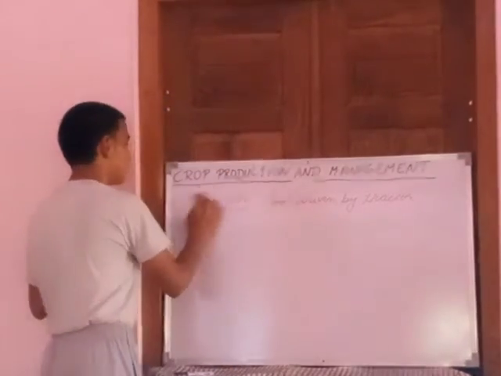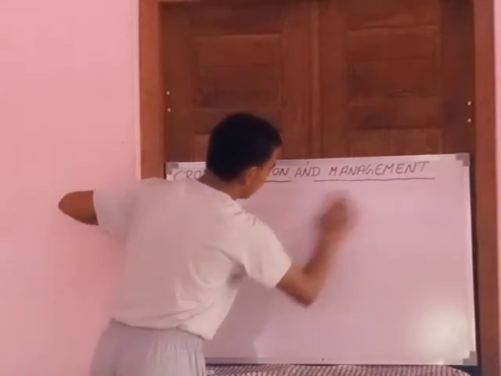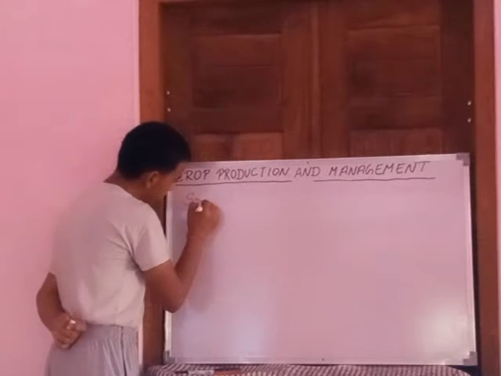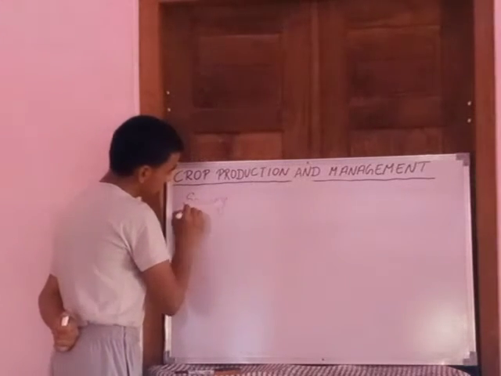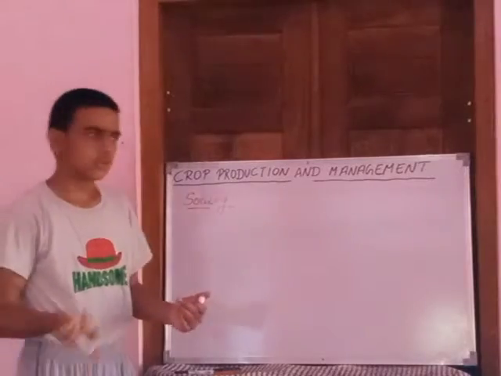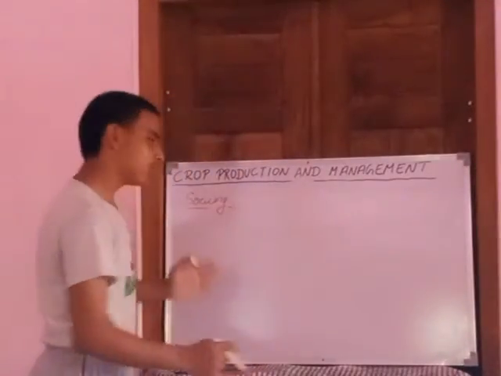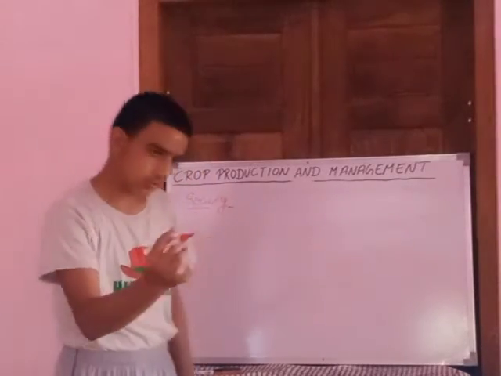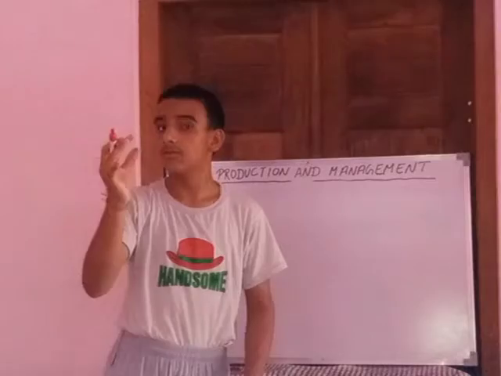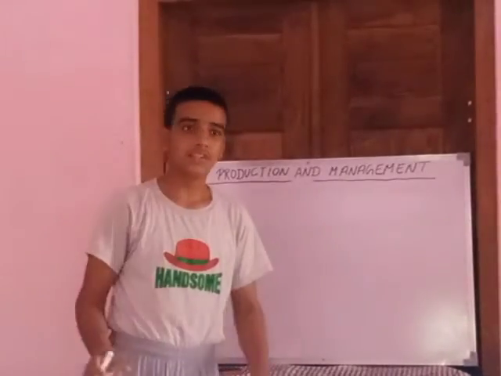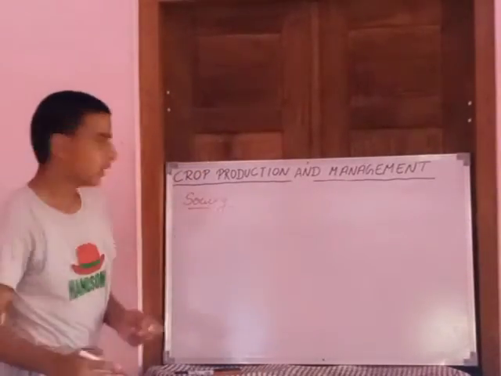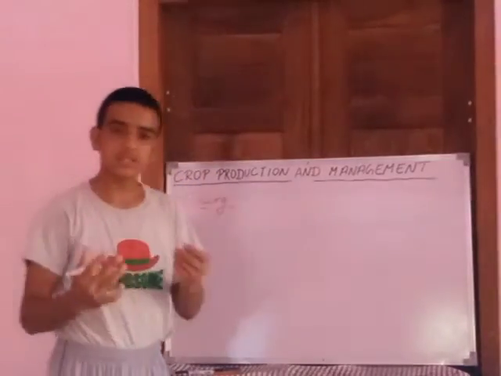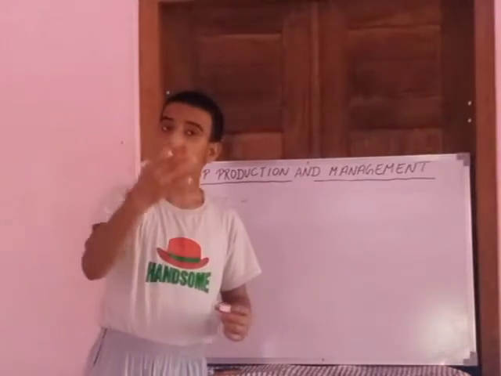Now let's move to the next agricultural practice, that is sowing. Sowing means sowing the seeds. Before sowing the seeds, it is the responsibility of the farmers to choose the best quality seeds and to check whether the seed is healthy and clean. Nowadays farmers use best quality seeds which give high yield.